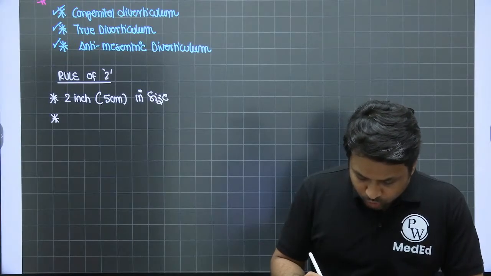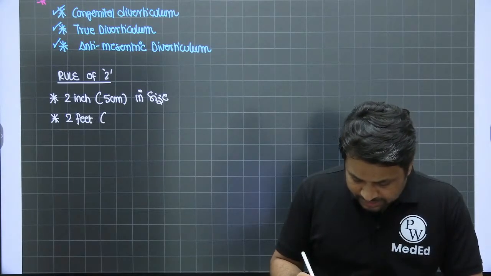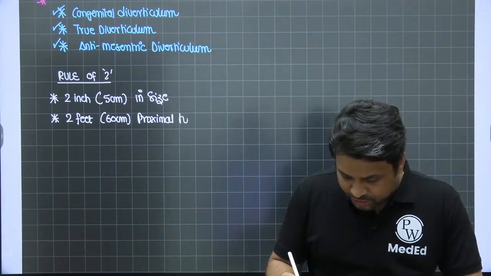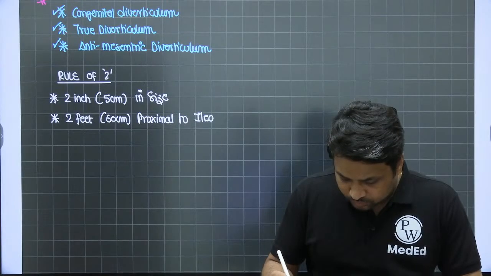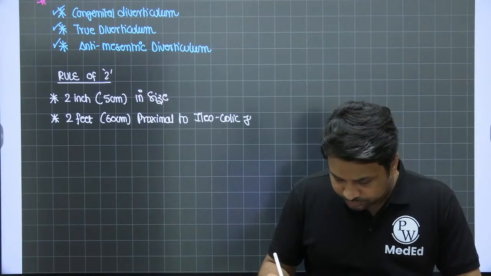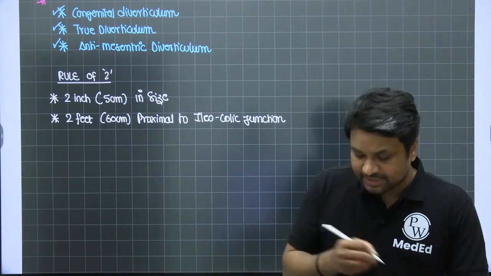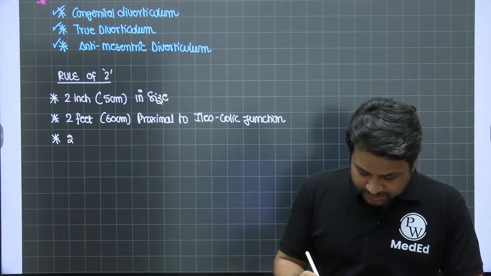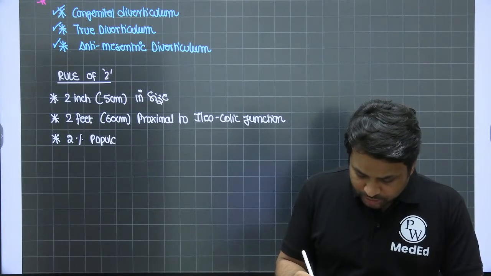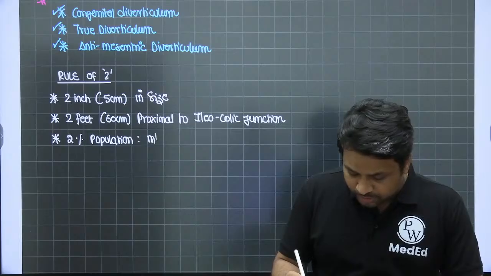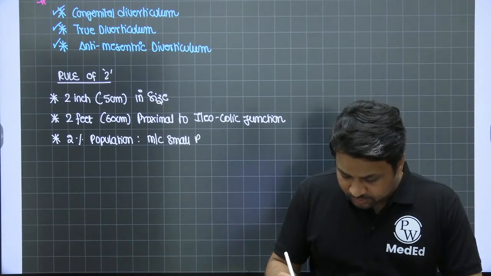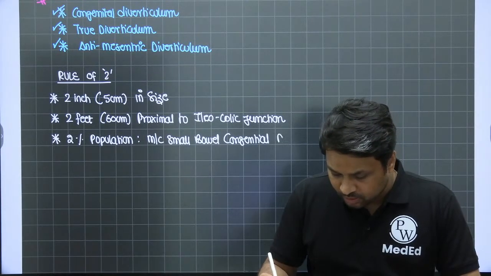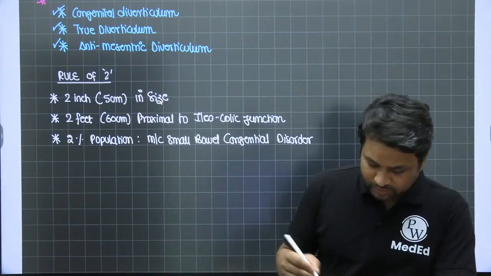It is 2 feet, which is approximately 60 centimeters, proximal to the ileocolic junction. It is present in 2% of the population, so this is the most common small bowel congenital disorder.